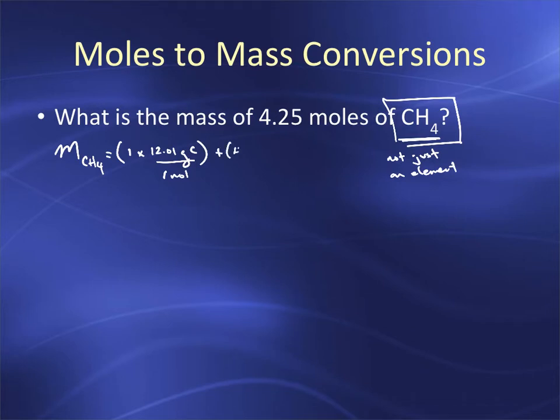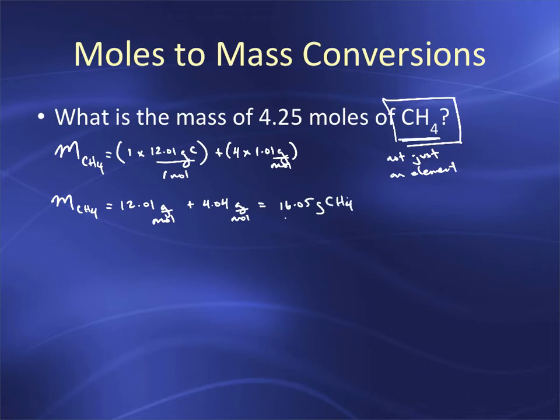So I've got 4 times, and then hydrogen on the top left is to the hundredths place, 1.01 grams per mole. So the molar mass of CH4 is 12.01 grams per mole plus 4.04. And that would give us 16.05 grams of CH4 for every 1 mole of CH4.